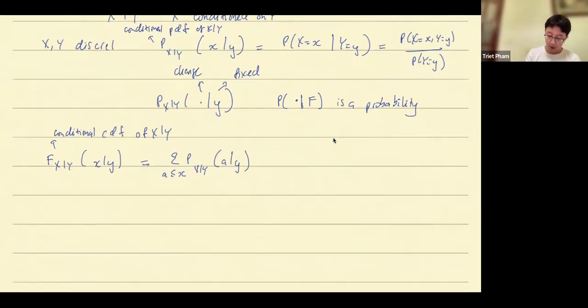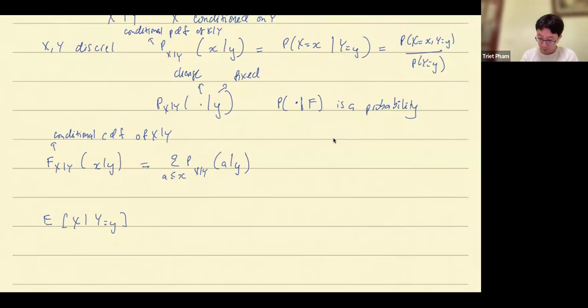The next one is conditional expectation, which is super important here. We don't deal with this very often, but this you can be guaranteed that we do. It will be the sum over all values of x times the conditional density, conditional distribution function.